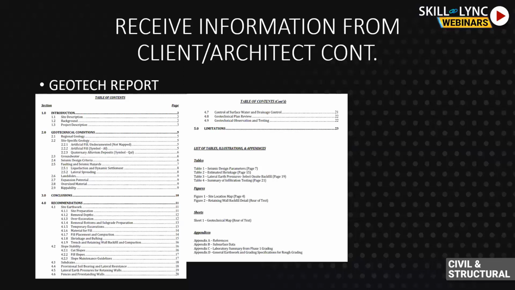It's for the geotech contractor. But still, it's the responsibility of a structure engineer to go through each and every page, each and every word written in the geotech report, and try to find out what's happening. Try to find out what kind of foundation is efficient there, and what kind of foundation the geotech is recommending.